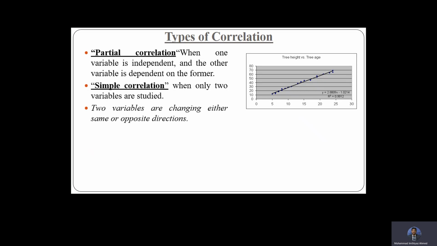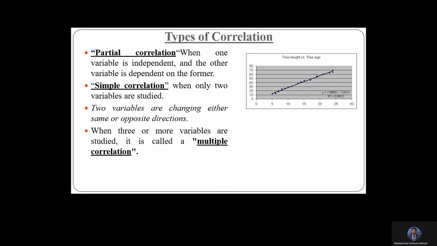I don't study more than two, I study only two, means simple. When three or more variables are studied, it is called multiple. This is what we have to understand.